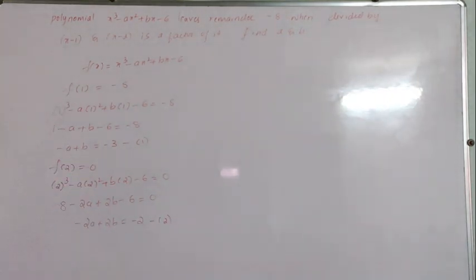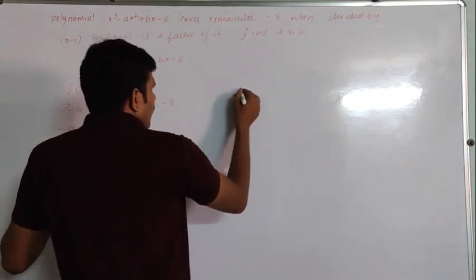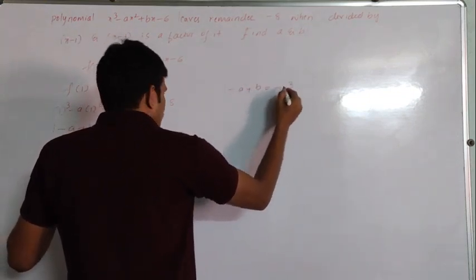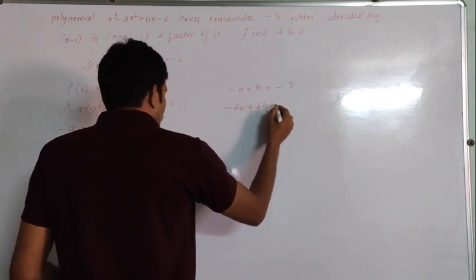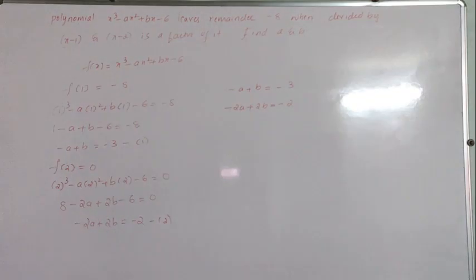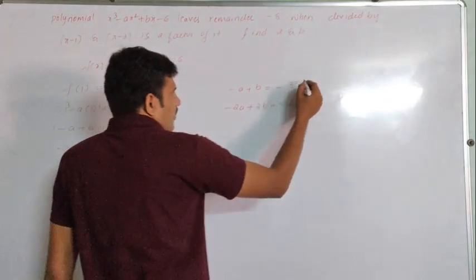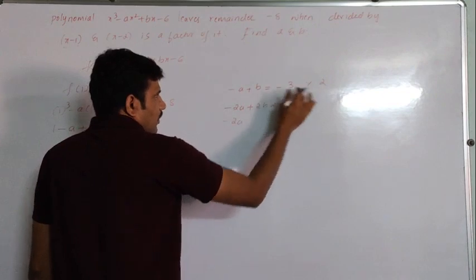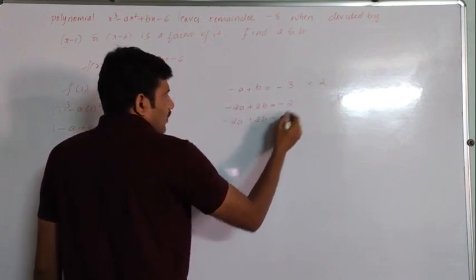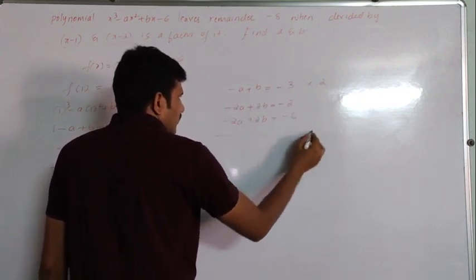Now we have to solve these two equations. What is the first equation? Minus a plus b equal to minus 3. Here it is minus 2a plus 2b is equal to minus 2. Is it clear? Now I multiply first equation by 2. So 2 into minus a, minus 2a, 2 into b is plus 2b, 2 into minus 3 is minus 6.